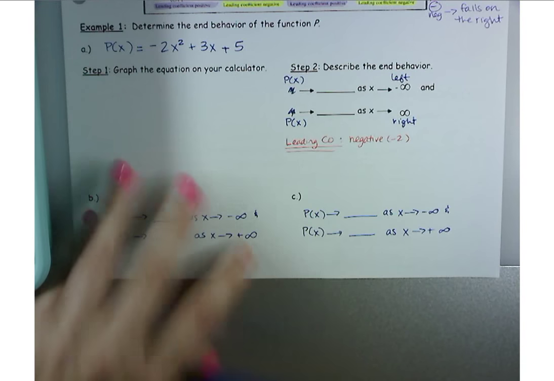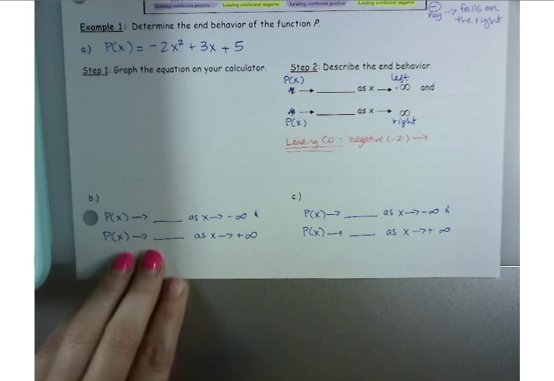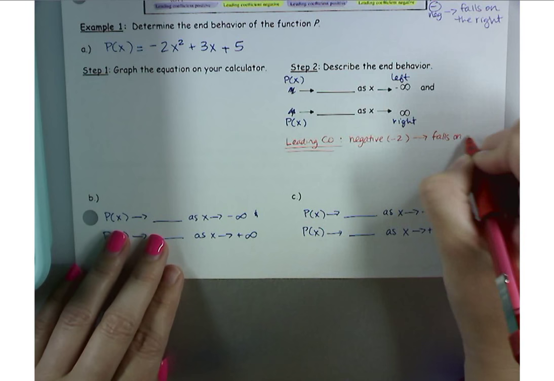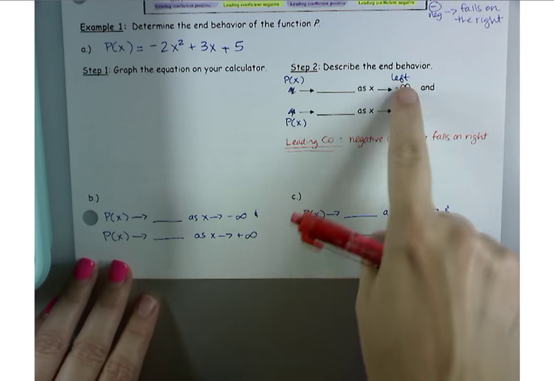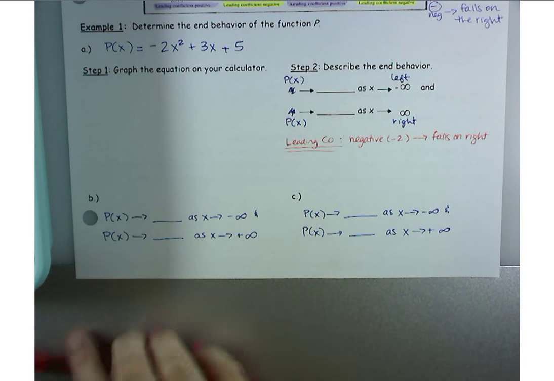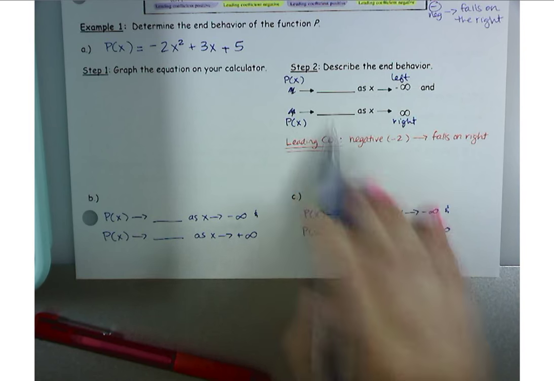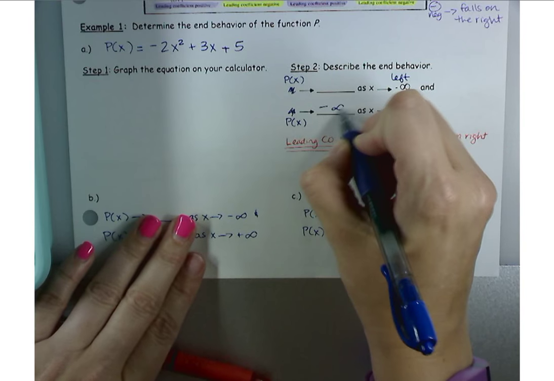If it's negative, what do we know about the graph? That means that it's going to be going down on the right. Yep, okay, so we know that it's going to be going down on the right. So which one of these is going to be my right side? Negative infinity or positive infinity? Positive. So I can already fill in this second one here. I know it's going to fall, so if it's going down or falling, I would have negative infinity here.